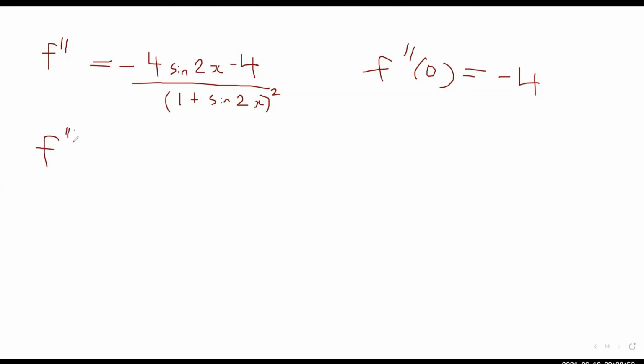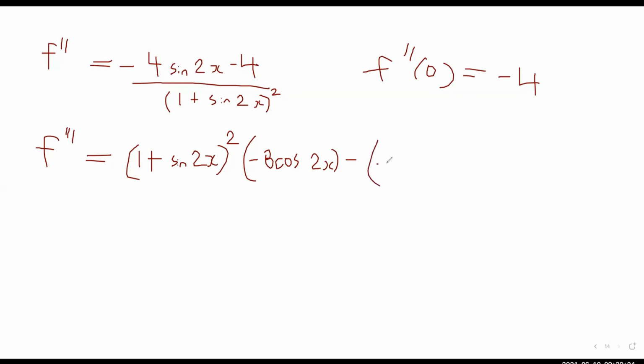To find f triple prime, we start with the bottom, 1 plus sine 2x all squared this time. We multiply it by the derivative of the top. We differentiate sine, we get cos, so it becomes minus 8 cos 2x. Then we minus the top, the negative 4 sine 2x minus 4, and multiply it by the derivative of the bottom.